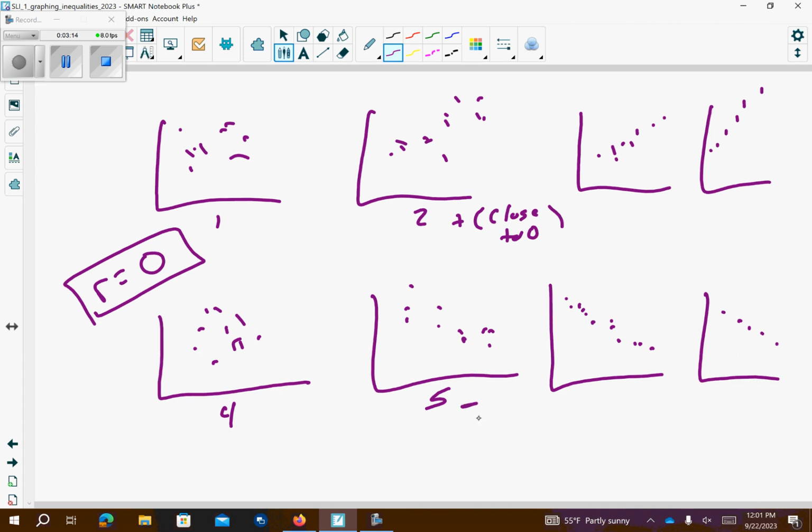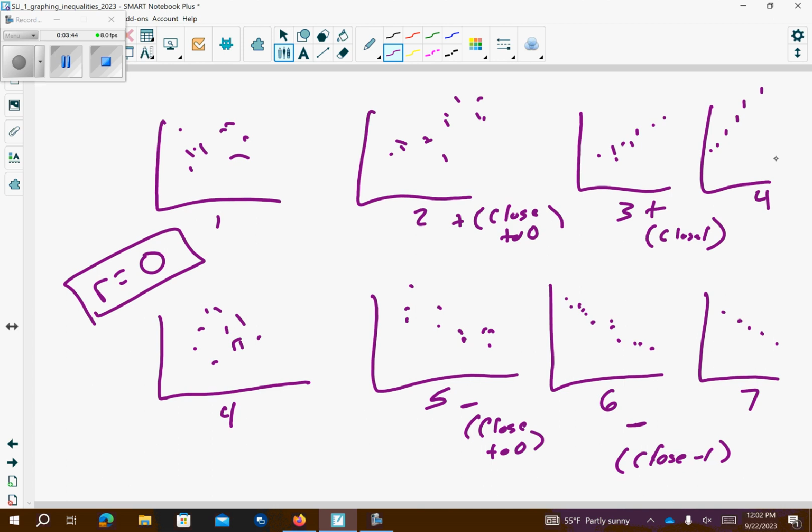This one has a negative R, and again, it's close to 0. Number 3 is positive, close to 1. Number 6 is negative, close to -1.